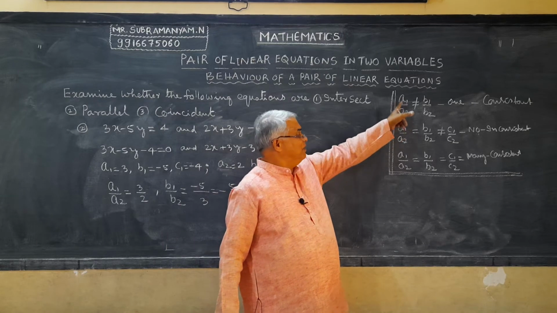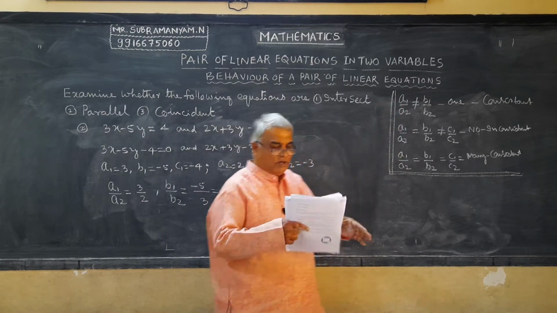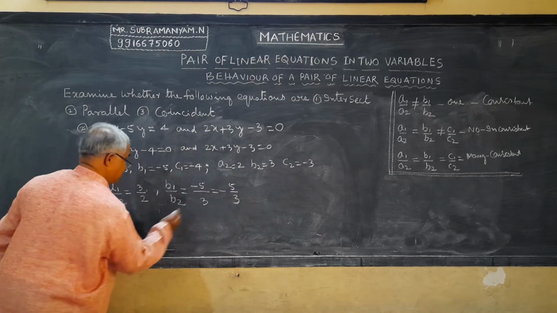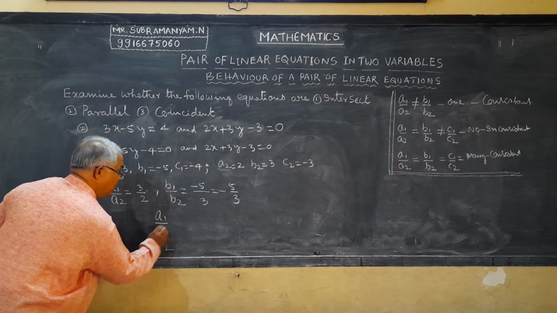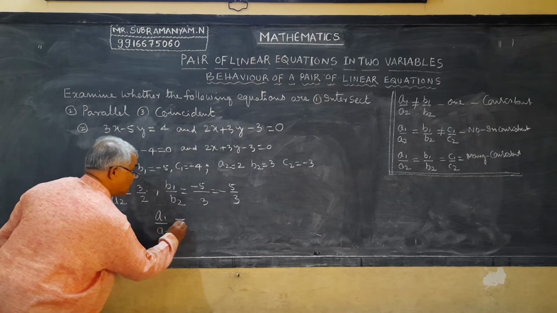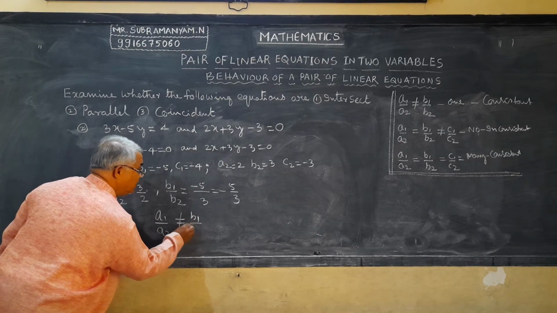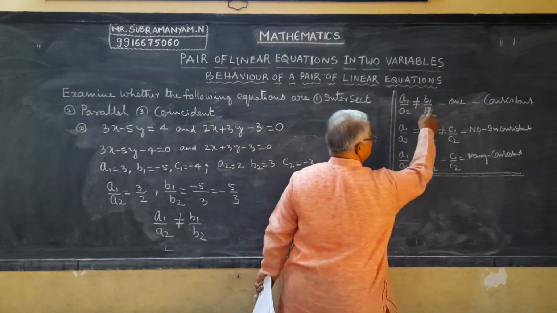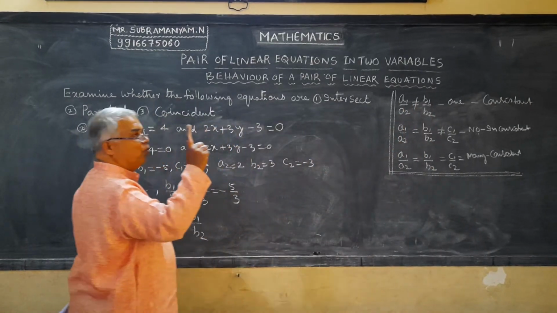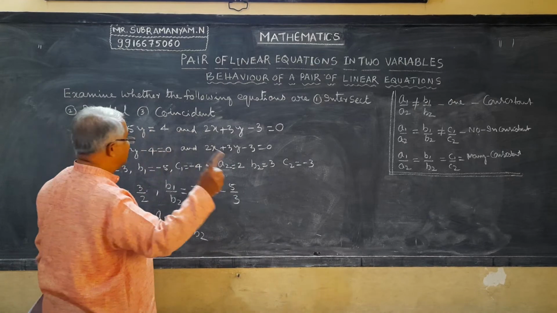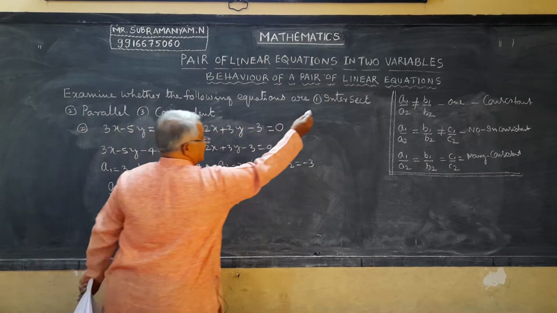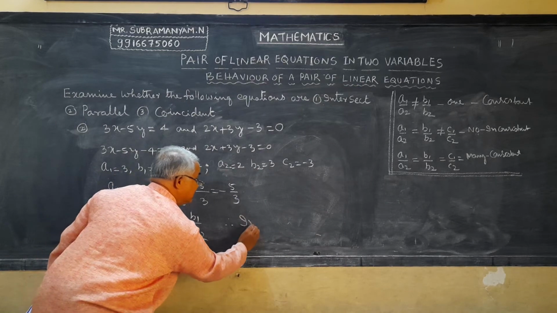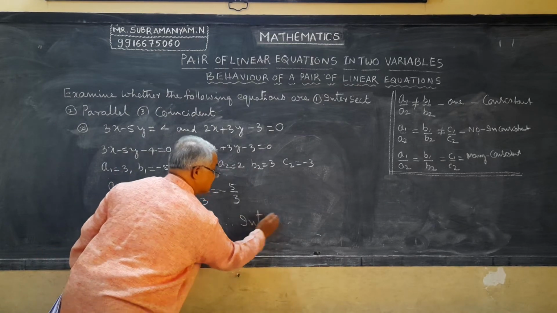So, a1 by a2 not equal to b1 by b2, one solution. That means the lines intersect. Therefore, intersect.